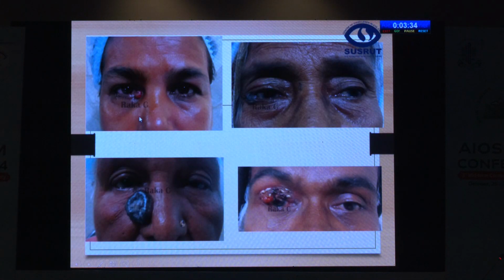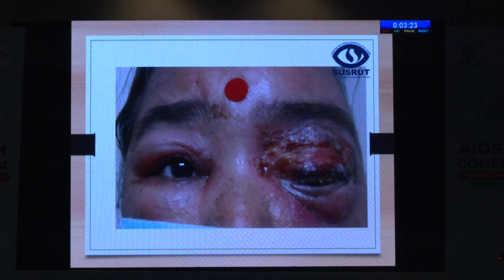Now these lesions are a little suspicious, this one, this one, this one, these are the ulcerated lesions with malignant histopathology. This is another case where there is extensive superficial ulceration, and incision biopsy proved it is a case of squamous cell carcinoma of the upper eyelid.